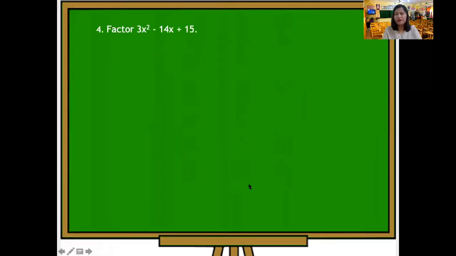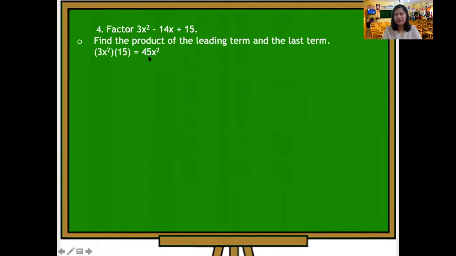And number 4, factor 3x squared minus 14x plus 15. We get the product of 3x squared and 15. And the product is 45x squared. We find the factors of 45x squared whose sum is negative 14x, our middle term.